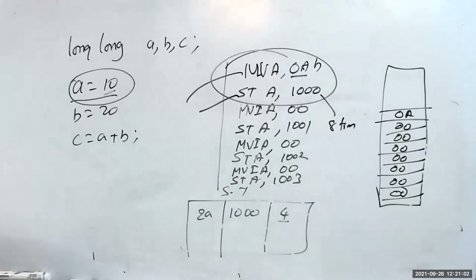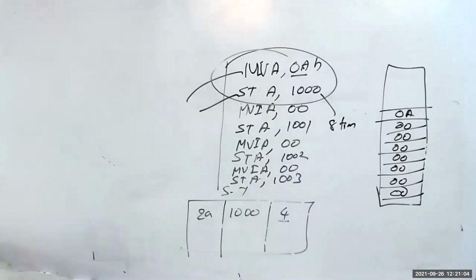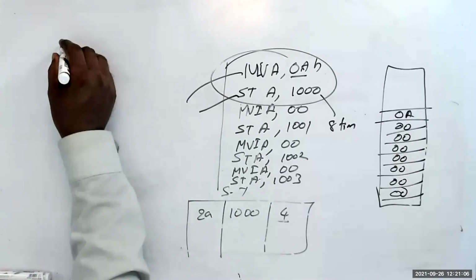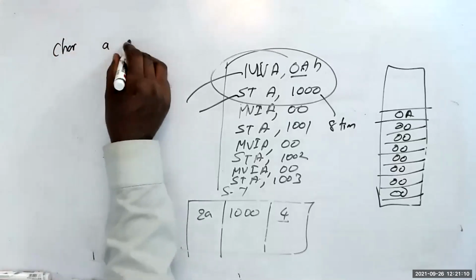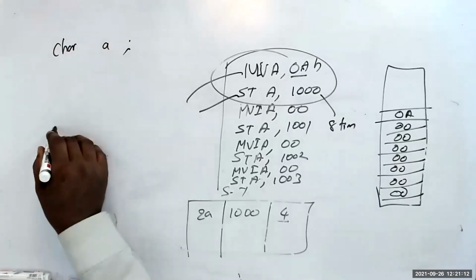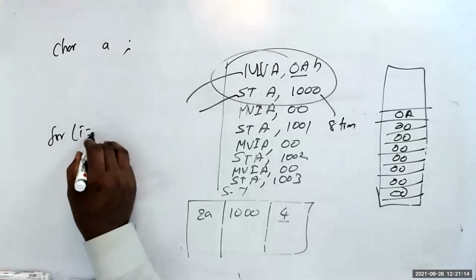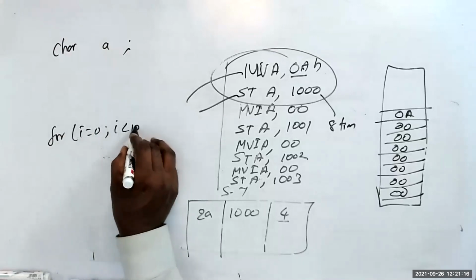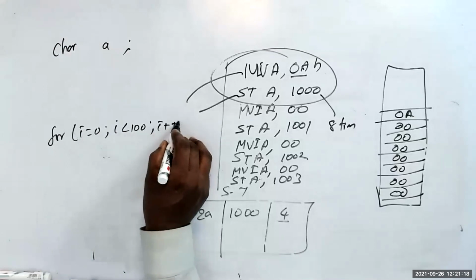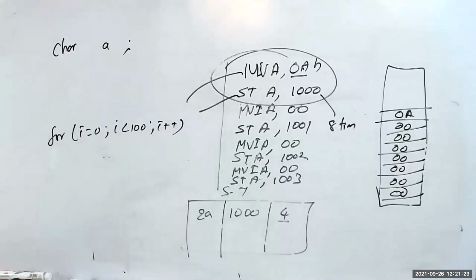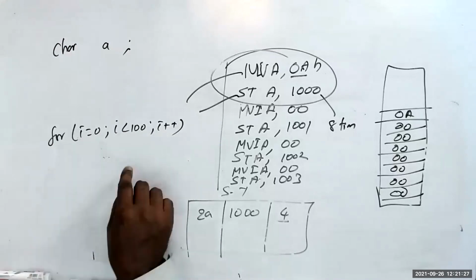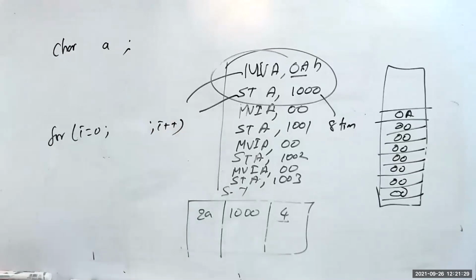That's why if you take any microcontroller, the Arduino or anything, you first define char A. Then do the delay: for I equal to 0, I less than 100, I plus plus. How do you calculate this? The maximum is 255, am I right?